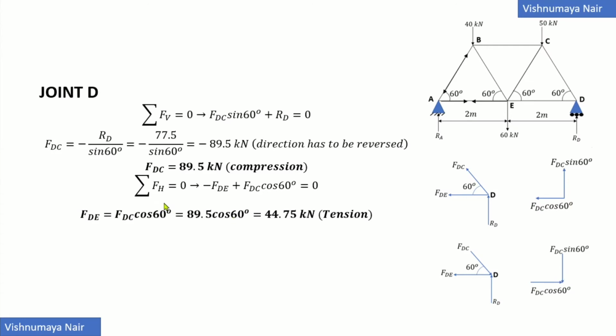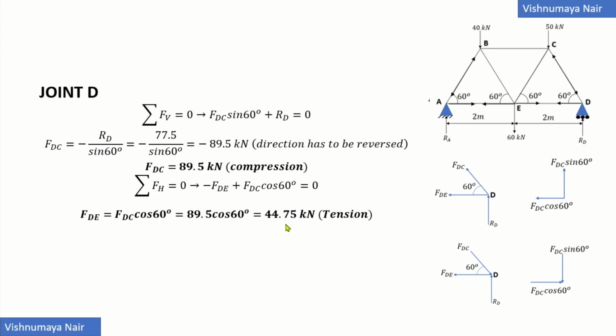Now let's consider the equilibrium of the horizontal forces. So summation FH will be equal to 0. Implies that minus FDE plus FDC cos 60 is equal to 0. So FDE will be equal to FDC cos 60. But FDC is equal to 89.5 kilonewton. So 89.5 cos 60 will be equal to 44.75 kilonewton.